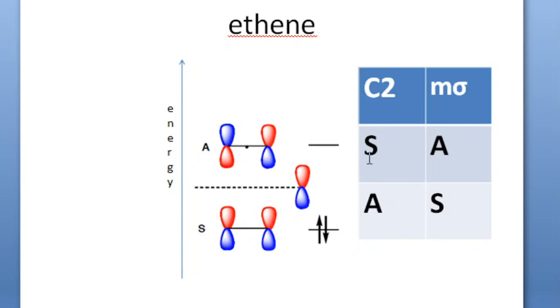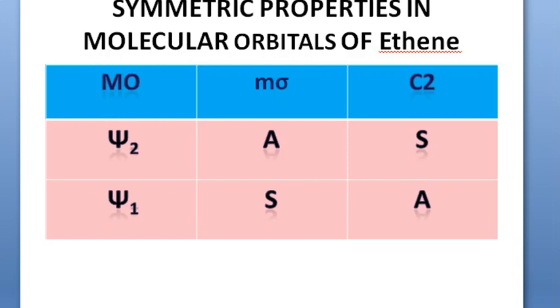Your psi 2 is C2 symmetric and sigma asymmetric. Summed up like this: molecular orbital, sigma operation, the plane of symmetry, and C2, the rotational axis of symmetry. Your psi 1 is sigma symmetric and C2 asymmetric, psi 2 is sigma asymmetric and C2 symmetric, isn't that so?